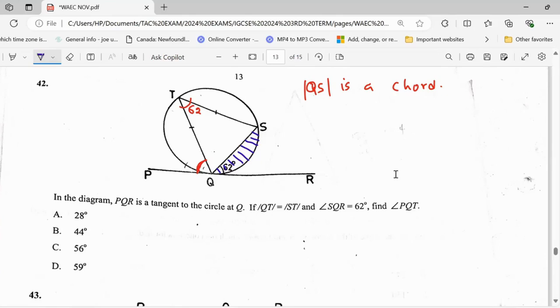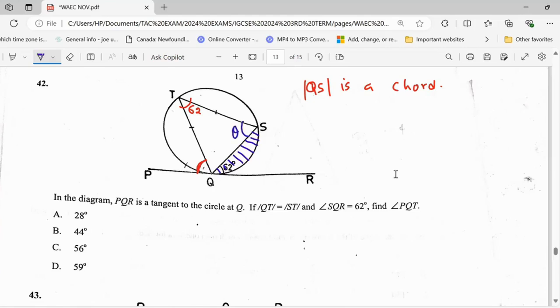So that's the theorem. Now, looking at this triangle TQS, it's an isosceles triangle. We say so because the side TQ and the side TS are equal. Anytime a triangle has two equal sides, the triangle is called an isosceles triangle. And the theorem goes on to tell us that the base angles will be equal.